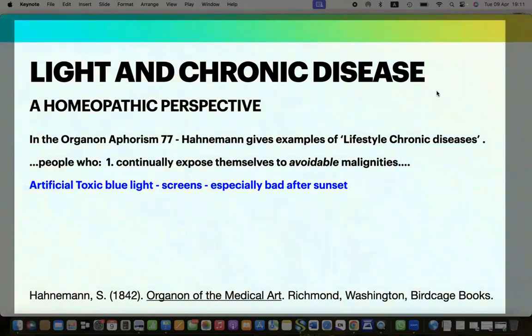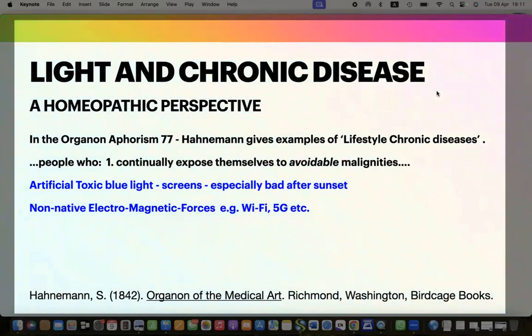This is screens, tech screens. Bad in the day, but especially bad after sunlight. It's like processed light. We're not meant to take it in. We cannot process it, and it disrupts many other things in our body, the POMC, the melatonin, and so forth.